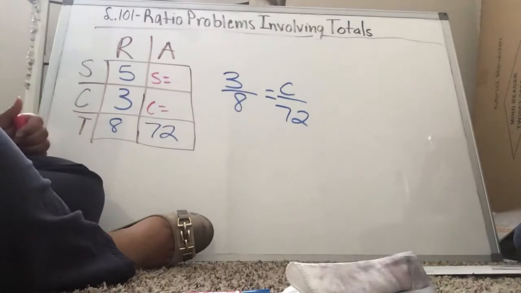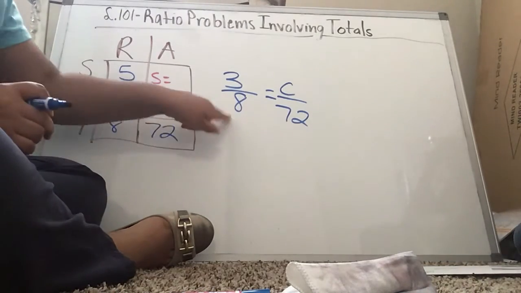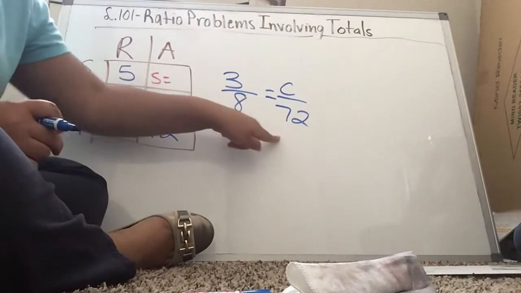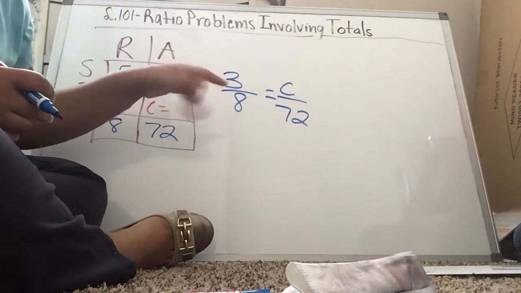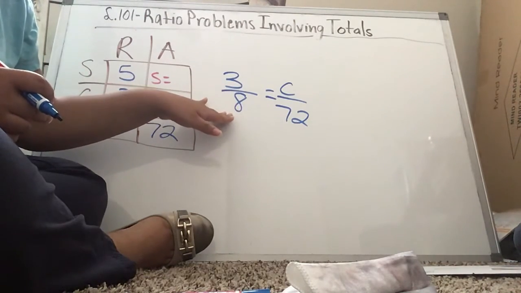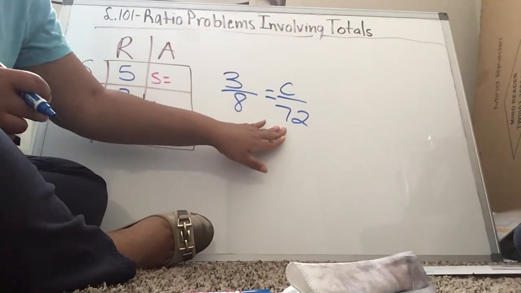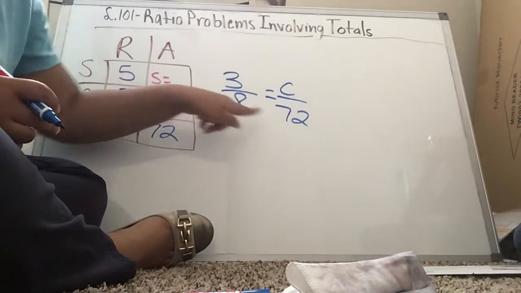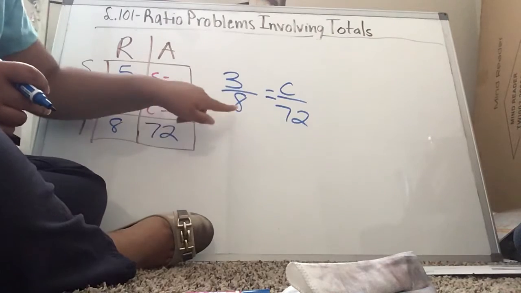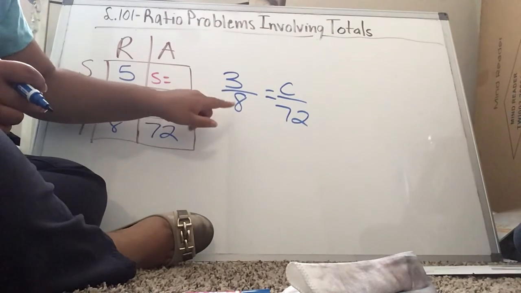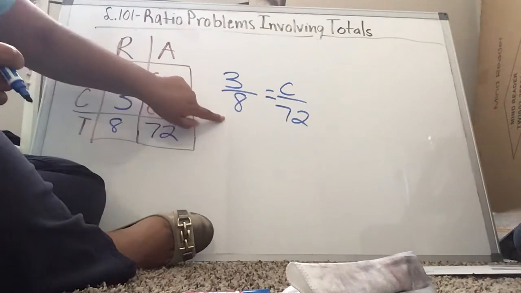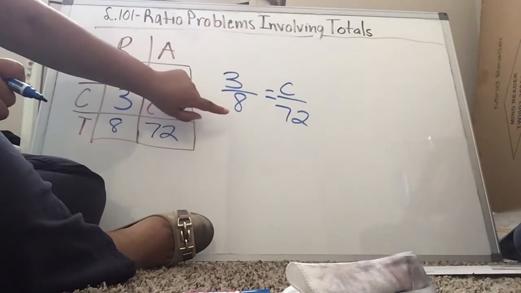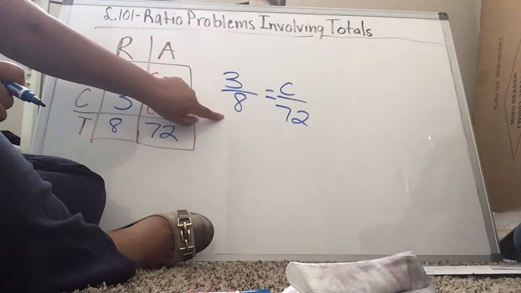So before we do a bunch of steps and cross multiply, let's look at the bottom parts of our ratio. 8 goes into 72 9 times. So when you notice that this is a factor of that, or when that is a multiple of this, then you can do it this way.